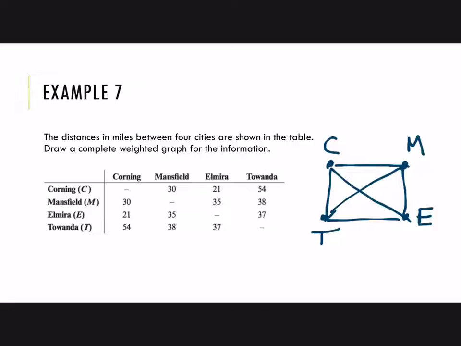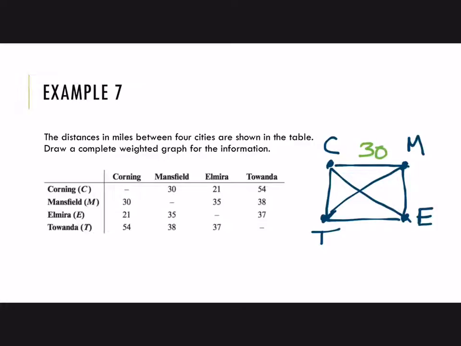Alright, so this would be for situations where it is possible to get to any of those cities from the other cities. And then we have all of the distances. And then notice we have this blank diagonal, so the distance from Corning to Corning is 0 or not calculated, so we don't need that. And then we go through and just label the distances. Alright, so the edge from Corning to Mansfield, we know that that's 30 miles.